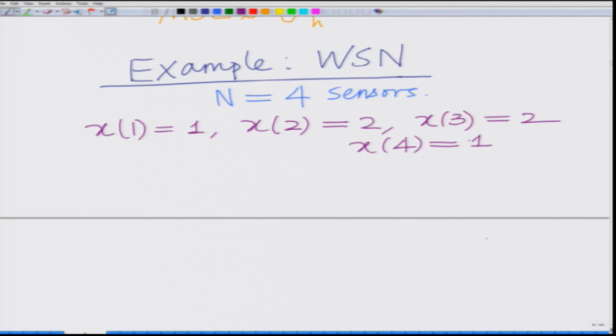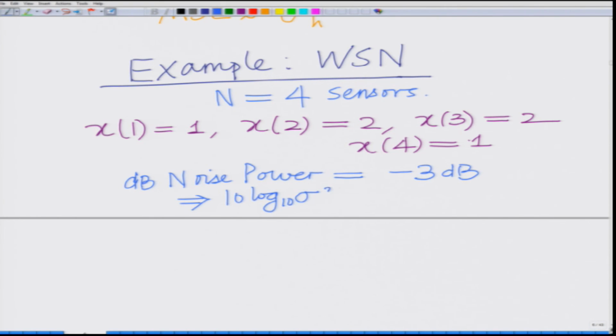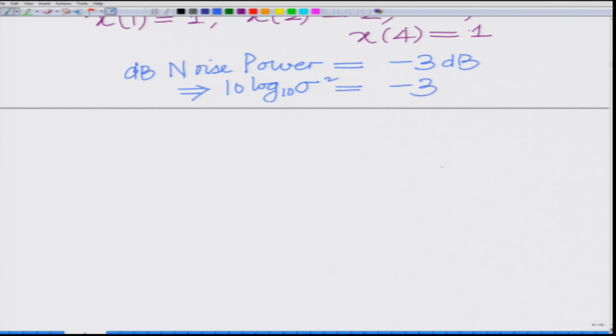Okay. Noise power, we have the noise power equal to minus 3 dB, which implies 10 log 10 sigma square equals minus 3. This implies sigma square equals 10 to the power of minus 0.3, which is approximately equal to half.